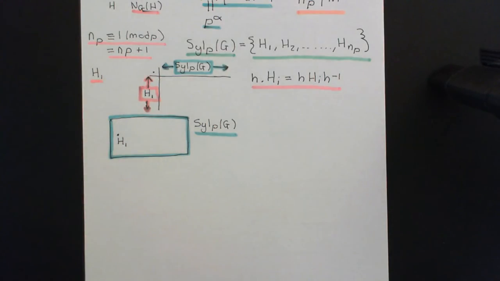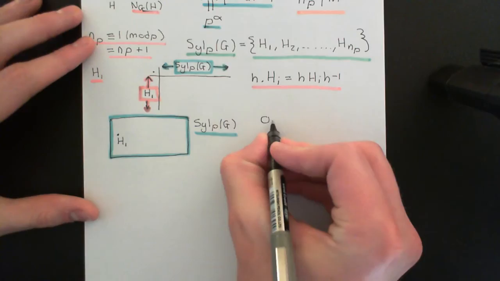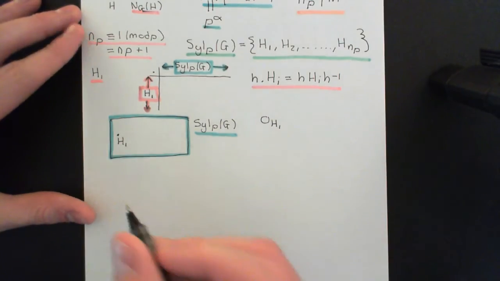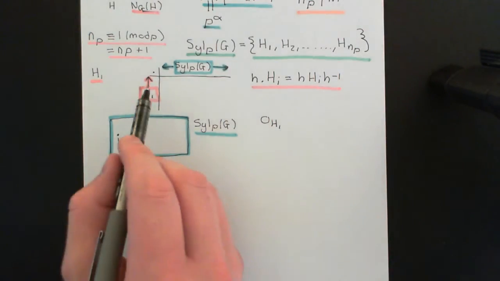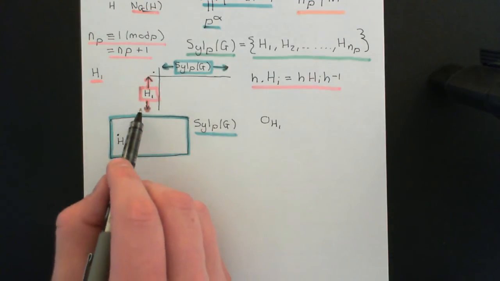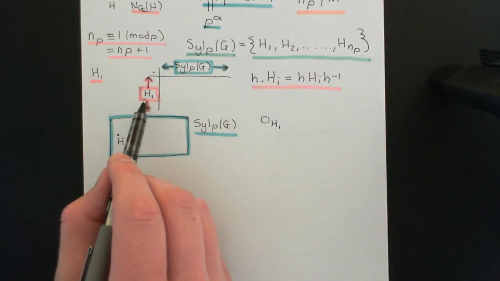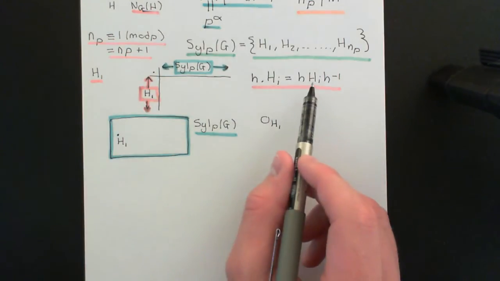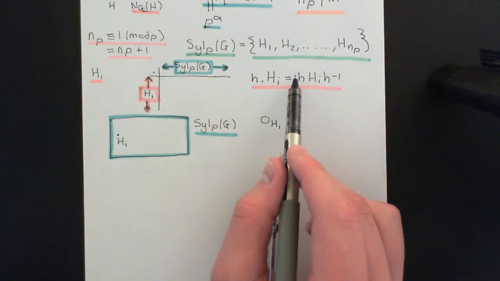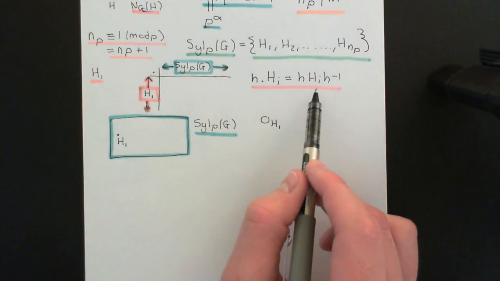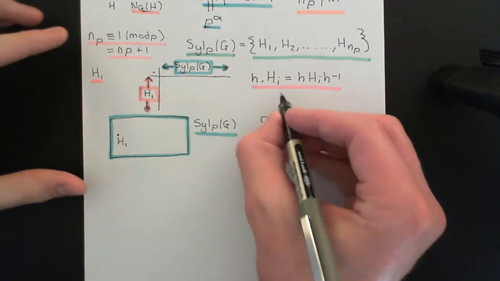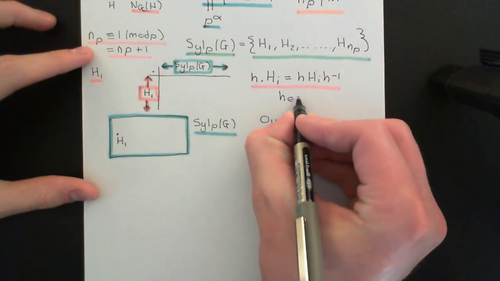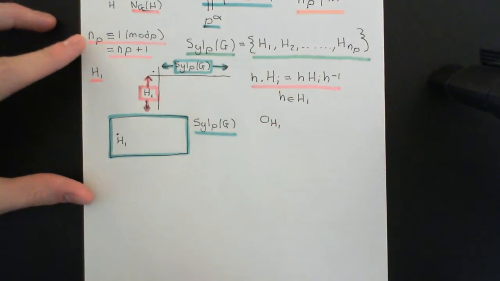Well, the orbit of capital H1 here is going to be all things that H1 can be sent onto by elements of the group, but the elements of the group are capital H1 in this case. Okay, so we're asking what Sylow P subgroups can we take capital H1 onto by conjugating it by elements of capital H1. Okay, and I should just say little h here is an element of capital H1.